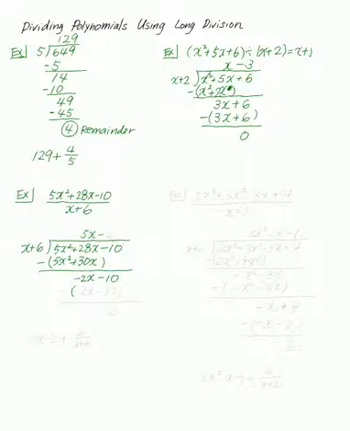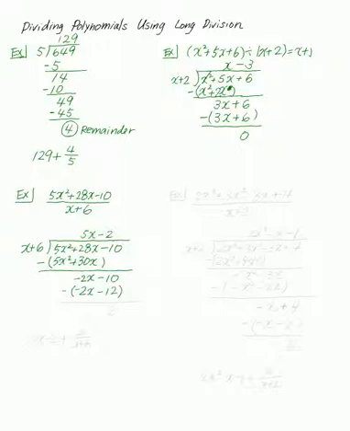Then I bring down the minus 10. Now, I need something times x to give me negative 2x. That's going to be minus 2. I'm now going to distribute the negative 2 to the x plus 6. That will be negative 2x minus 12.